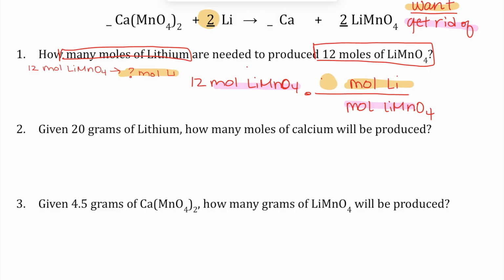I have 2 moles of lithium to 2 moles of LiMnO4. So this is a 2-to-2 ratio. We can go ahead and do our math. 12 times 2 is 24, divided by 2, we would end up with an answer of 12. And then my units that are left, because these units cancel, 12 moles of lithium is my final answer.